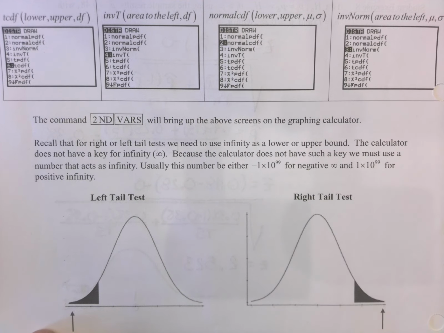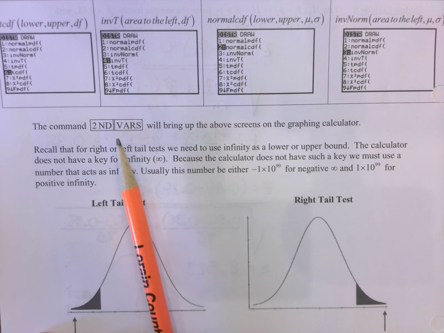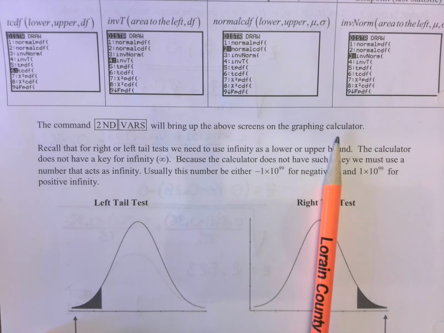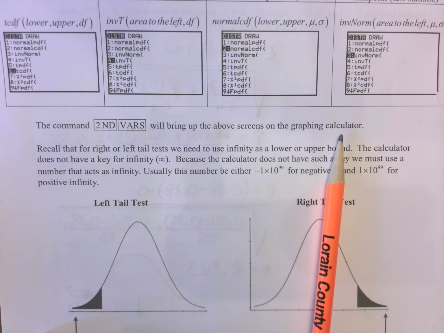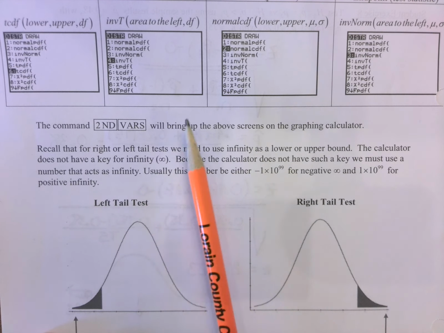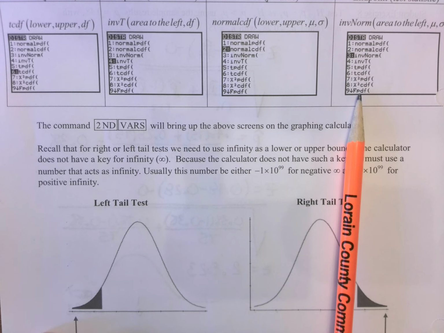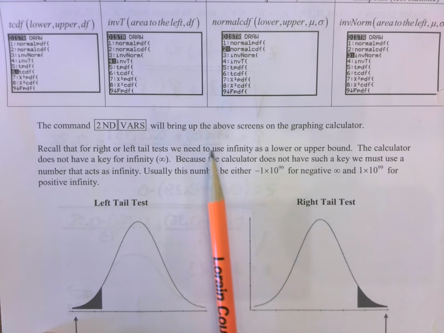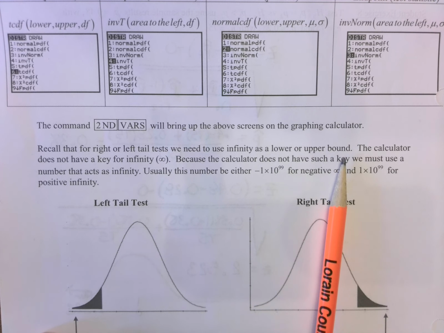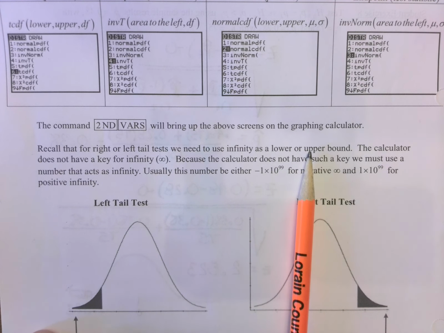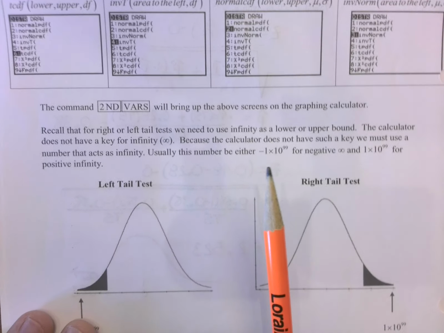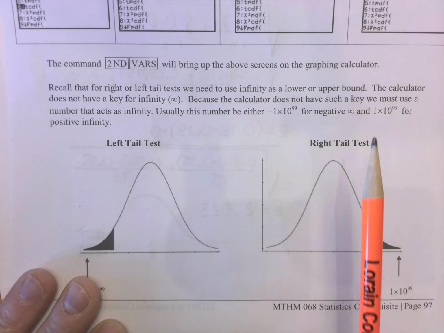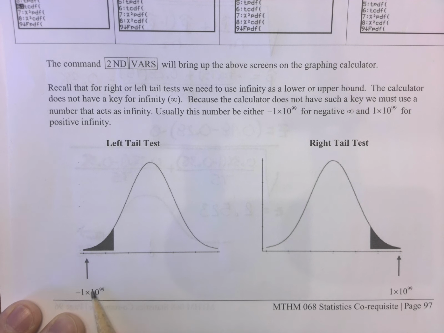These commands are to live by and to die by when you're doing this work. A couple of notes at the bottom: second vars brings up this calculation on a graphing calculator, and we get these choices on these screens. Recall that for the left and the right test, we need to use infinity as a lower and upper bound. We don't really have an infinity marker in our calculator, but what we do have is a -1 times 10 to the 99.